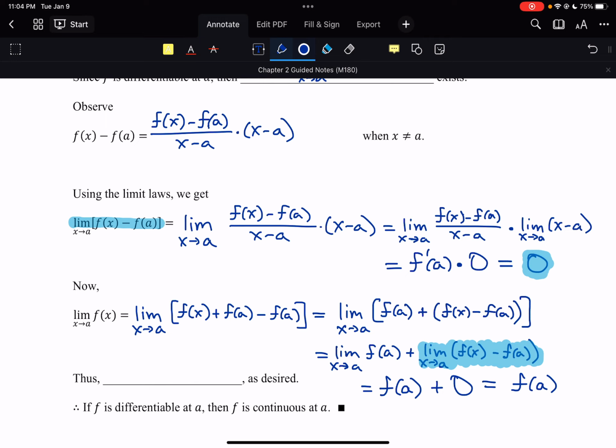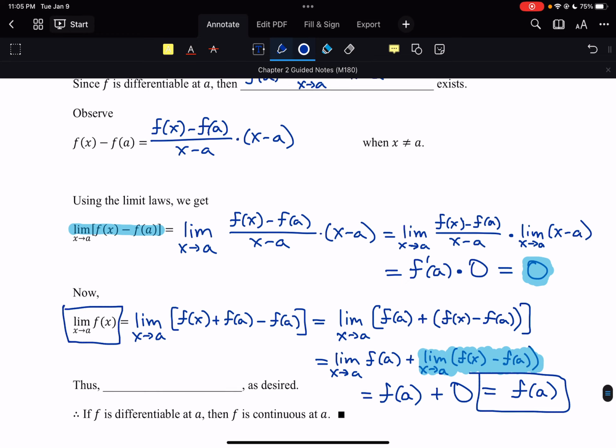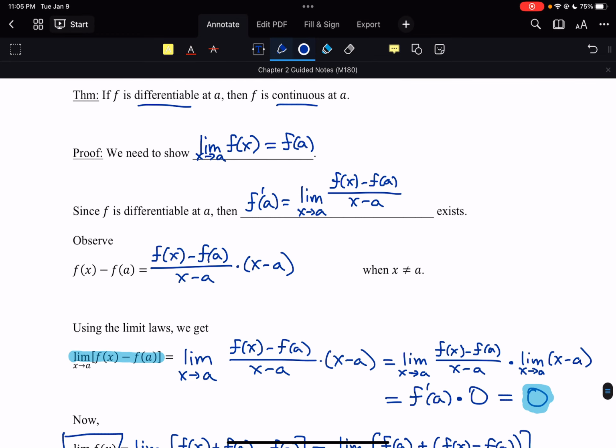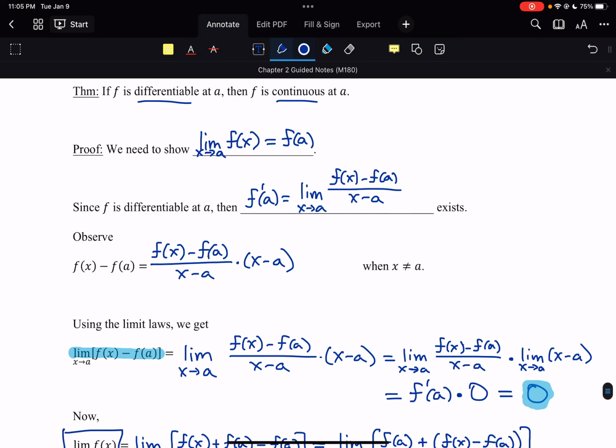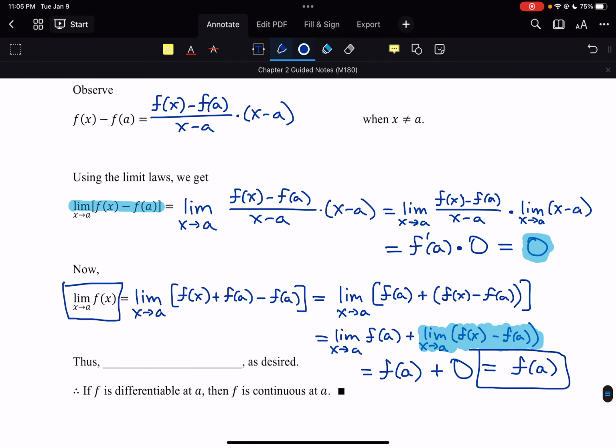And if you look at what we just showed, that the limit as x approaches a of f of x equals f of a, which is precisely, back up here at the top, what we needed to prove to show continuity. So thus, the limit as x approaches a of f of x equals f of a as desired. So therefore, if f is differentiable at a, then f is continuous at a. End of proof.